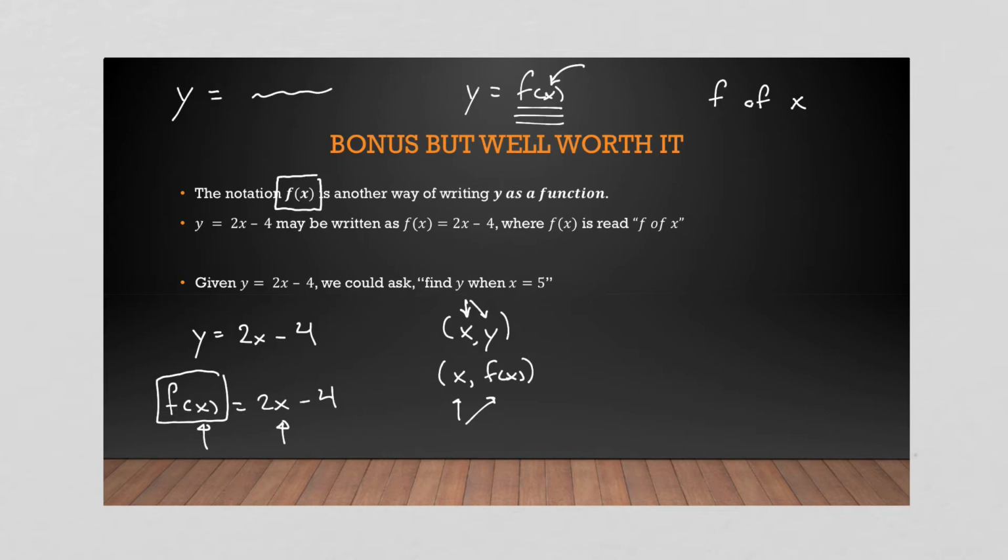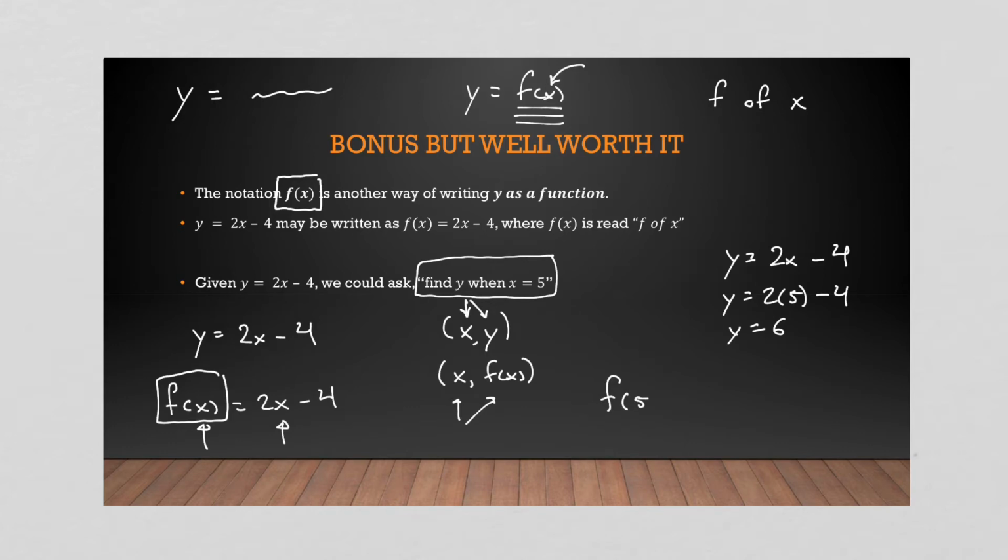So how we say, like, find y when x is 5, what we've been doing in this scenario is we would just plug in 5 for x. We get y equals 6. We're going to do that again, but we just want to get in the habit of looking at it as function notation. When I input 5 for x, I substitute every x in my equation for what's in there now, which is a 5.